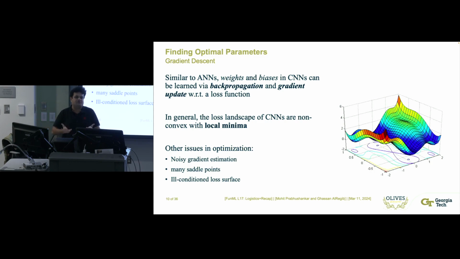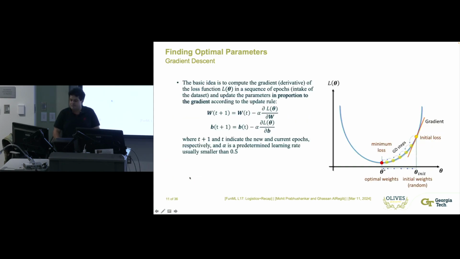So that means that the same loss function has two separate parameter sets. And this makes it a non-convex function. So there are other issues in optimization, which are noisy gradient estimation, saddle points, and ill-conditioned loss functions.